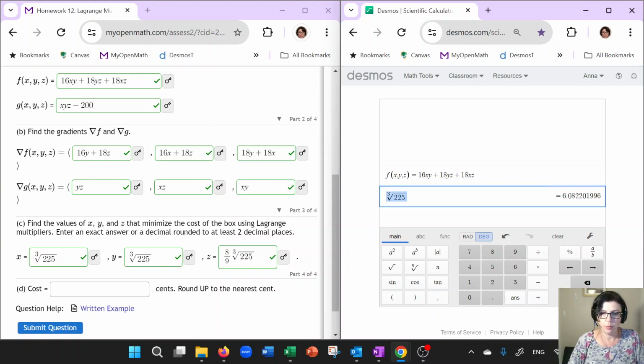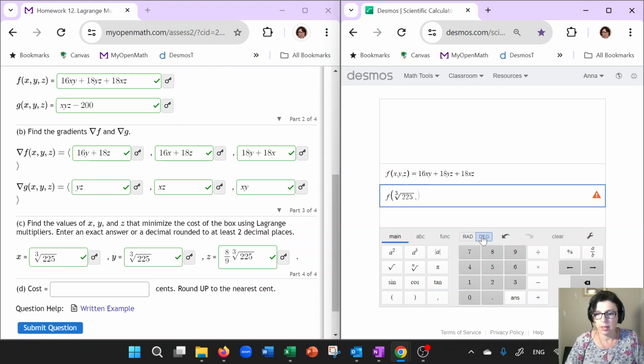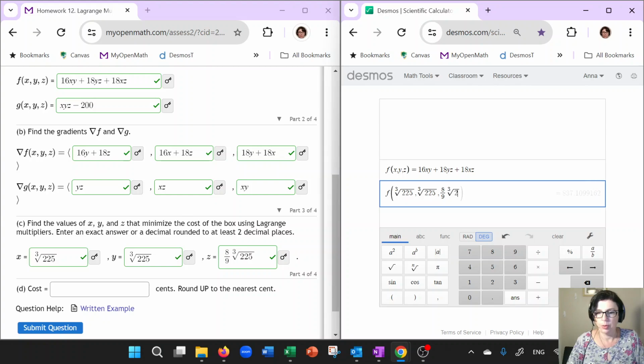Okay, what I want is to substitute cube root of 225 for x, and then a comma, and then another cube root of 225 for y, and finally the 8/9 cube root of 225.